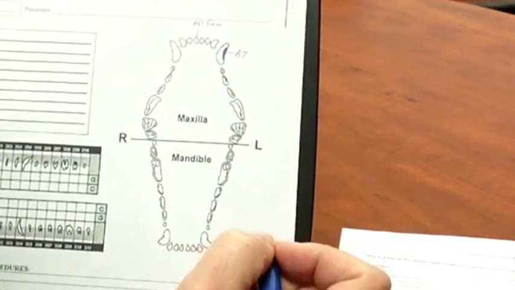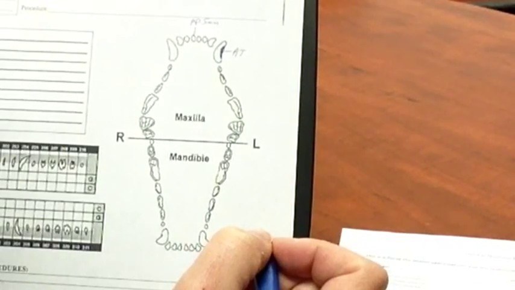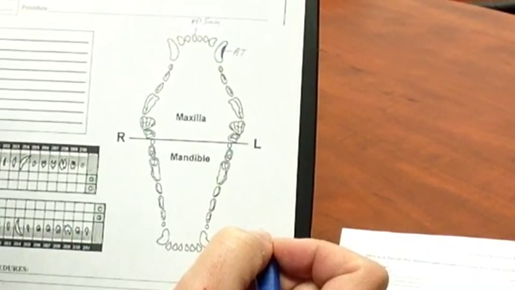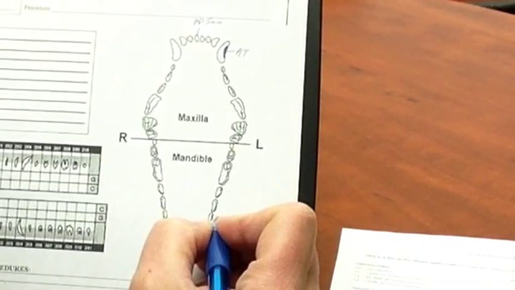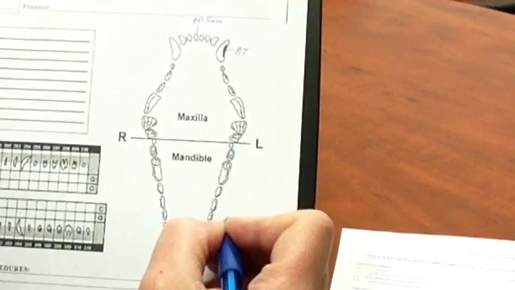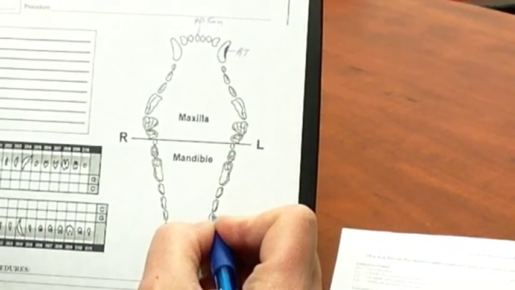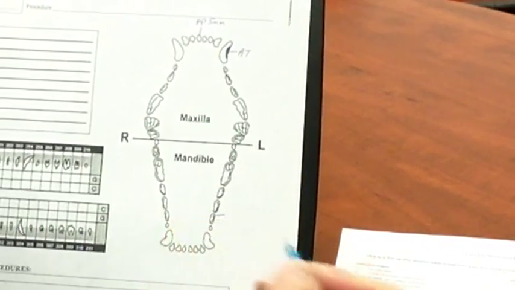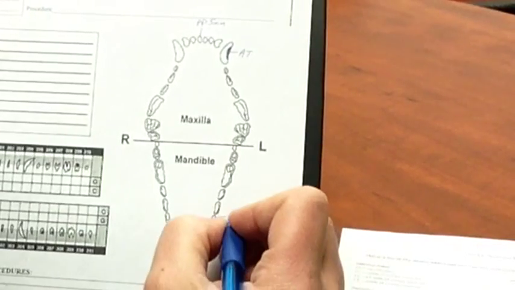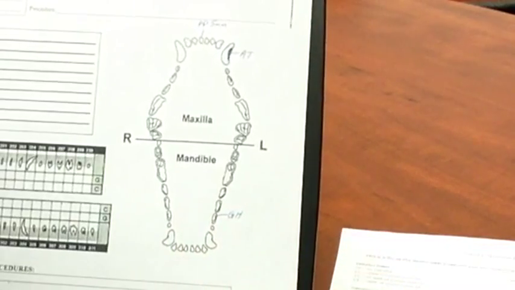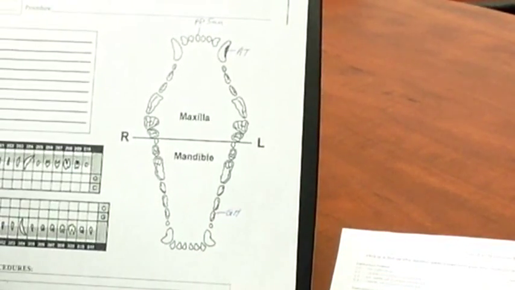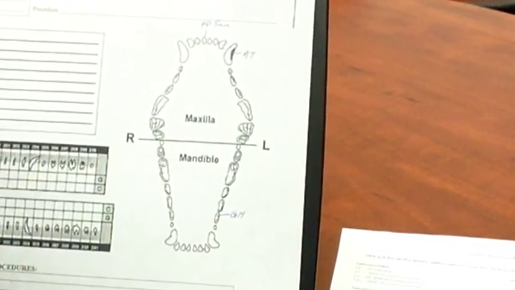Another example might be gingival hyperplasia. Let's say that's on tooth 306. If it's perhaps on the buccal distal aspect, we're going to draw a line on the buccal distal aspect, write gingival hyperplasia. All right? I think that's all the ones I'm going to code on here for now.